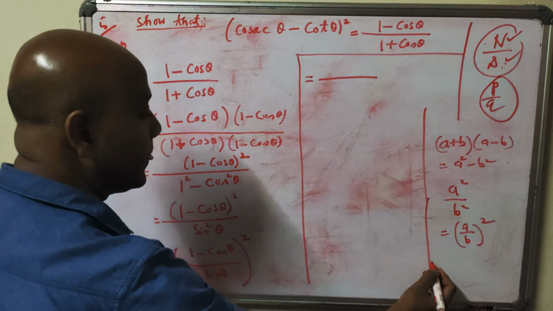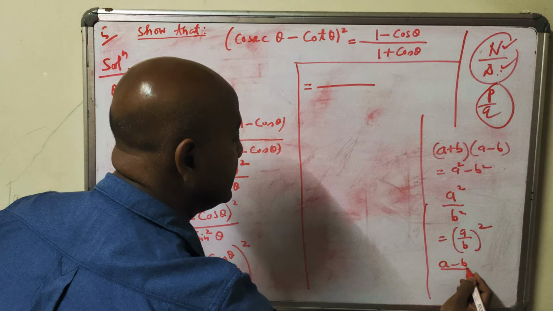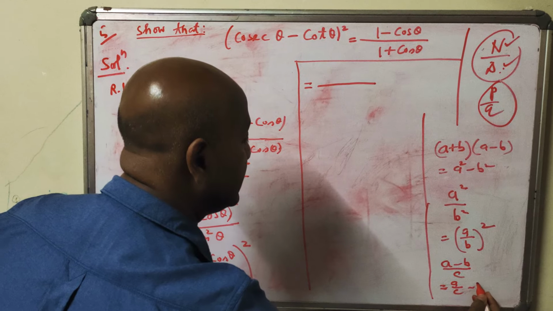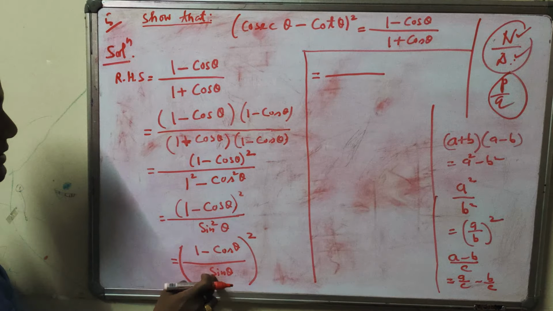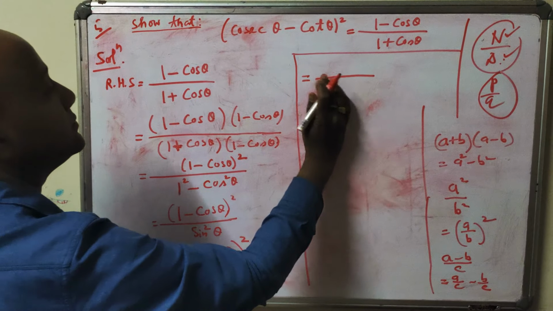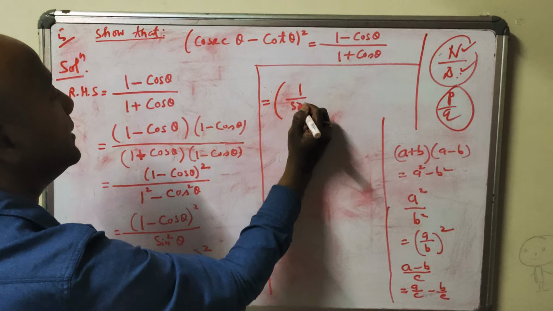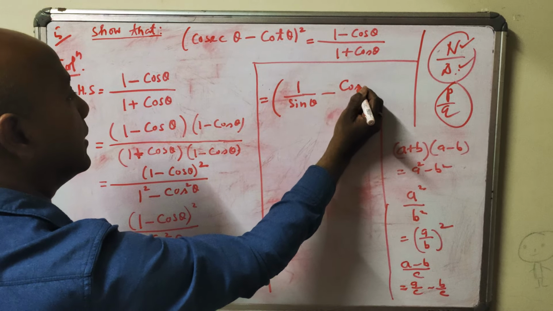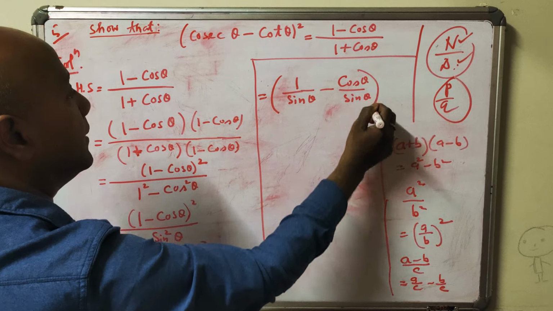Now one thing we know, a minus b by c, if you divide, is a by c minus b by c. Here you divide: 1 by sine theta minus cos by sine theta, whole square.